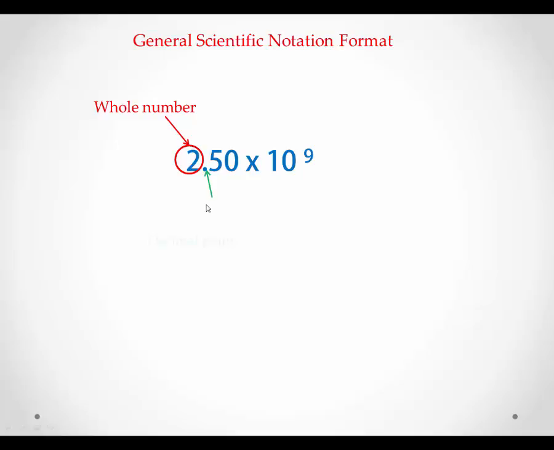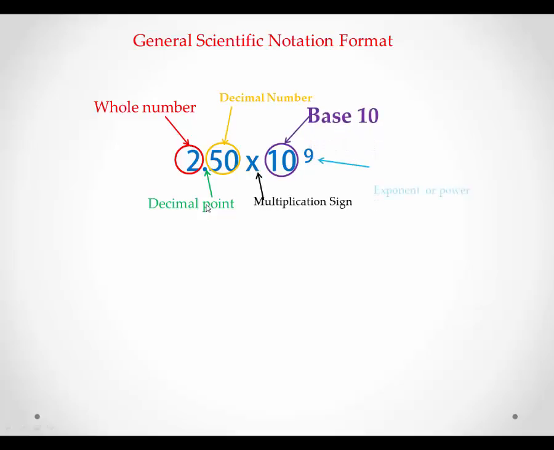Then we have a decimal point followed by the decimal number. We have to include the multiplication sign, base 10, and some power or exponent. This power or exponent can also be a positive or negative whole number. So that's the general format.